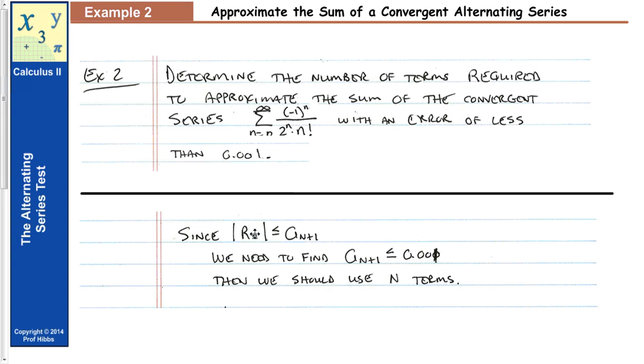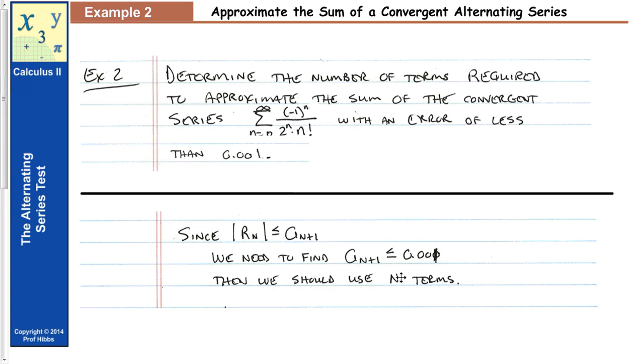So we want our error amount, that's this absolute value, to be less than 0.001. So we want the n plus first term to be less than 0.001, and that would take care of it for us. And once we know what position that is, once we know n plus 1, we'll be able to tell what n is, so we're going backwards.